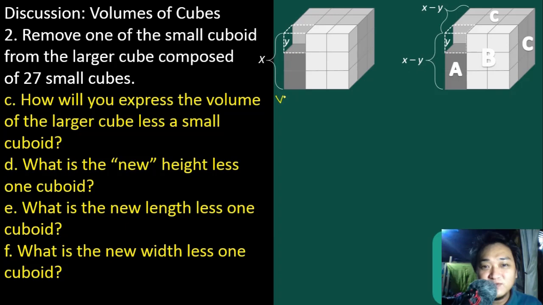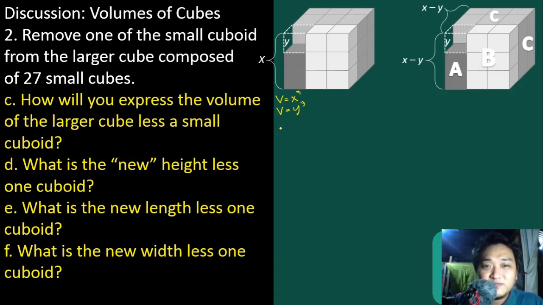Remember, yung volume ng malaking cube is x cubed, yung volume nung maliliit na cube is y cubed. Tinanggalan natin siya ng isang cube. Yung broken line stands for kung ano yung naibawas natin sa malaking cube.